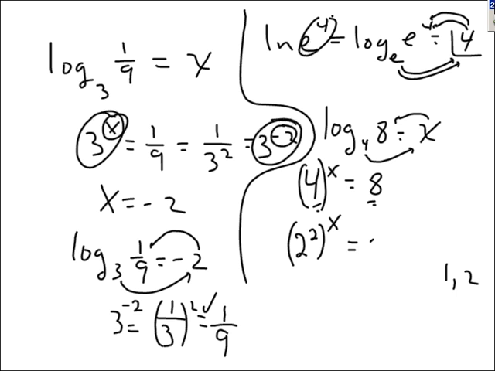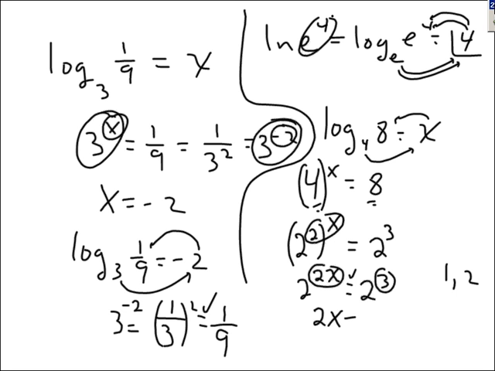And 8 is 2 to the 3 power. So on the left, remember, you multiply exponents. We get 2 to the 2x is equal to 2 to the 3. You have to raise 2 to the same power to get equality. That is, 2x must be 3. Divide by 2, x is 3 halves.